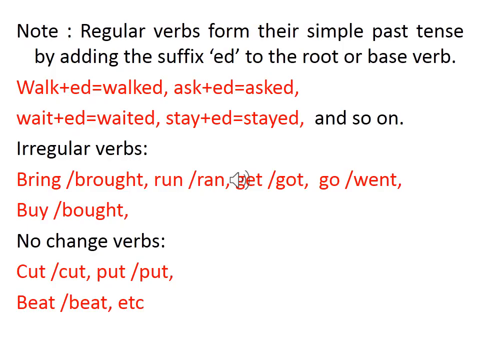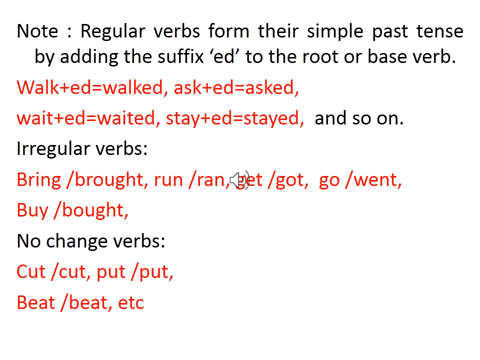Here there is an important point to note. Regular verbs form their simple past tense by adding the suffix ed to the root or base verb, as in walk plus ed gives us walked, ask plus ed gives us asked, wait plus ed gives us waited, stay plus ed gives us stayed, and so on.